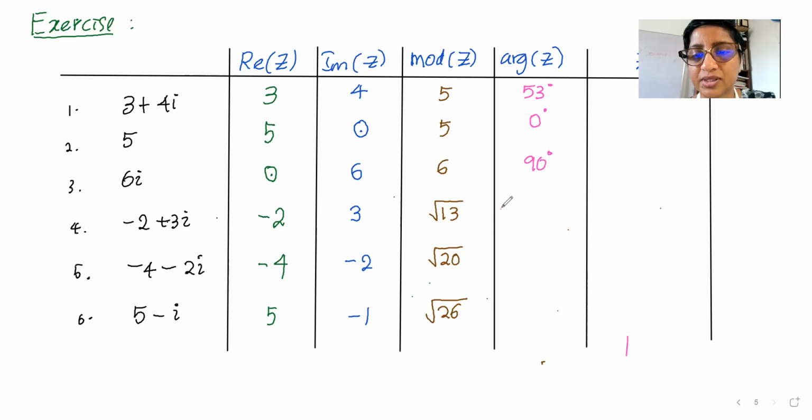So I'll write both answers. Either you can say minus 56 degrees, or if you give it as an angle this way, like a positive angle, so it's in the 4th quadrant now. If anyone has that, please write it. I have kept a slash.